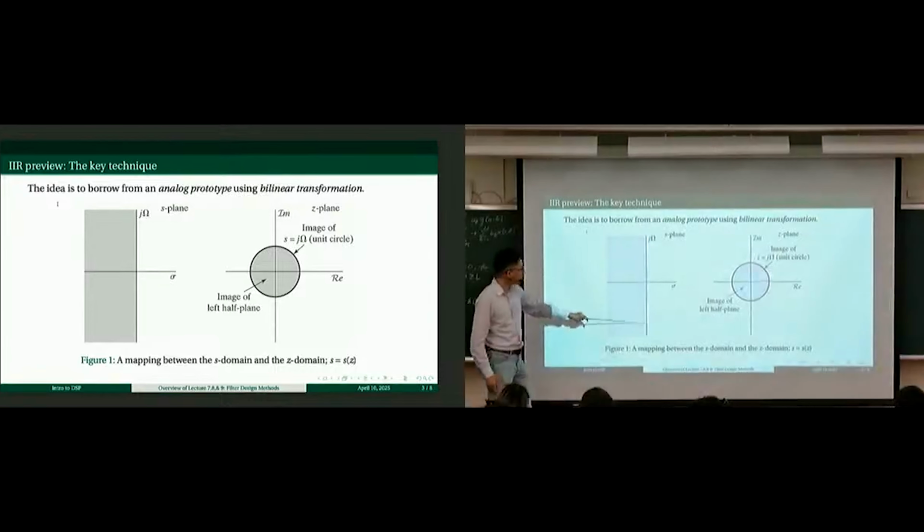That's one thing. And also look at the boundary. The boundary of the left half plane is the imaginary axis, right? 这是它的边界嘛, the boundary of this region is the imaginary axis. Okay? So imagine you're going up along this axis in the S domain.